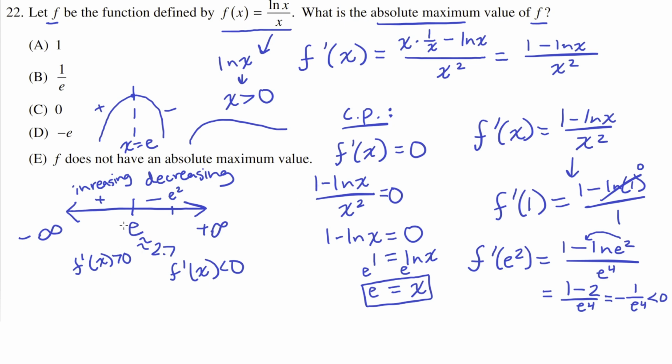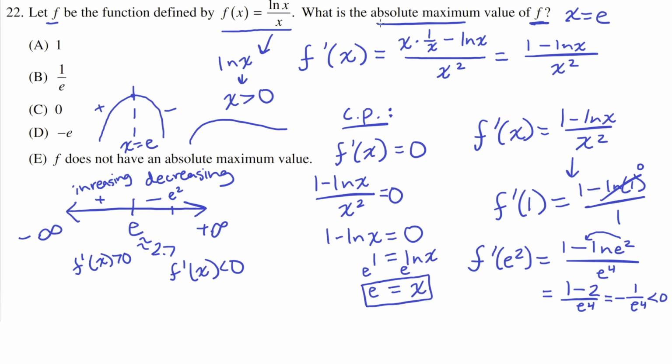So e has to be a local maximum, and since it is the only critical point, it's our only local maximum, which makes it the absolute maximum of f of x. So the absolute maximum of f occurs at an x value of e.